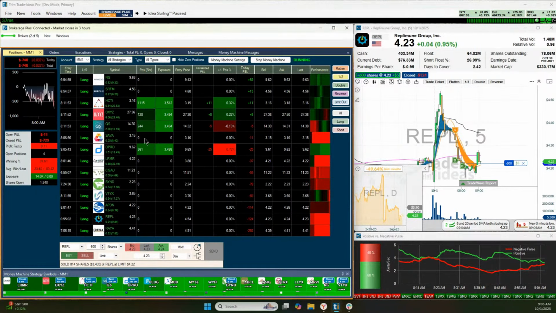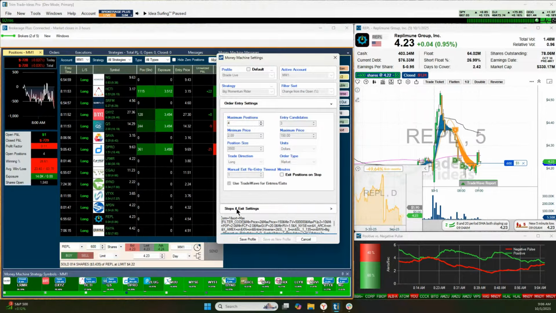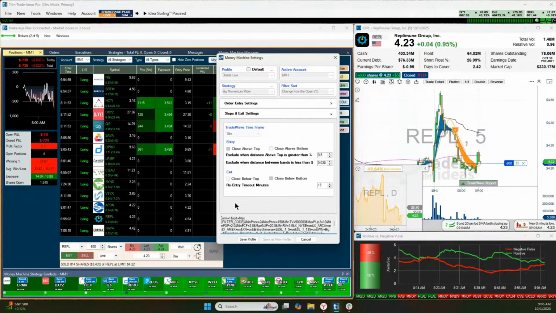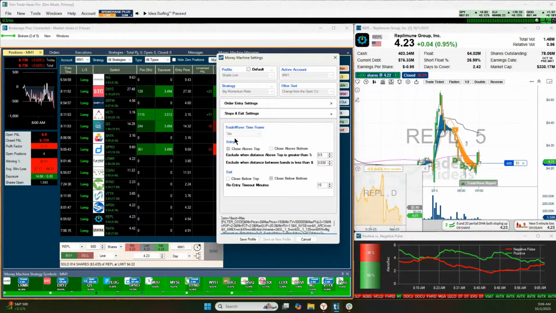So once again, a couple of things that I want to show you that we are working on. In these settings, this is a very critical thing. Trade wave time frame, your 10 minutes, re-entry timeout. I think 15 minutes is a little too long.